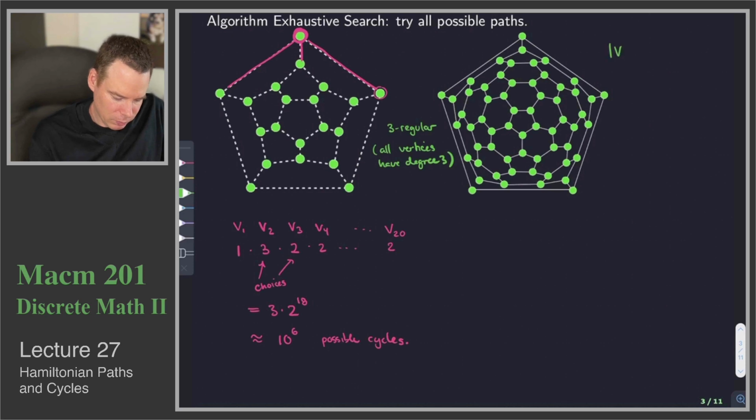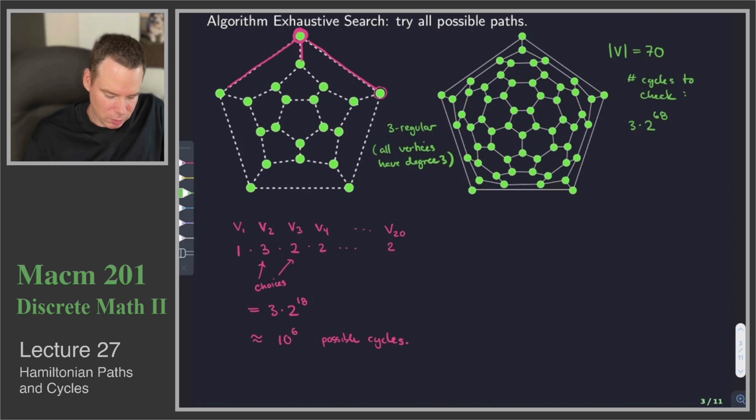So here's an example of a graph, still 3 regular. It's got 70 vertices. How many cycles would we have to check to see if they are Hamilton cycles? Well, we are roughly checking the same as before, 3 times 2 to the 70 minus 2, or 68. And this is a huge number, too much for us to actually check.